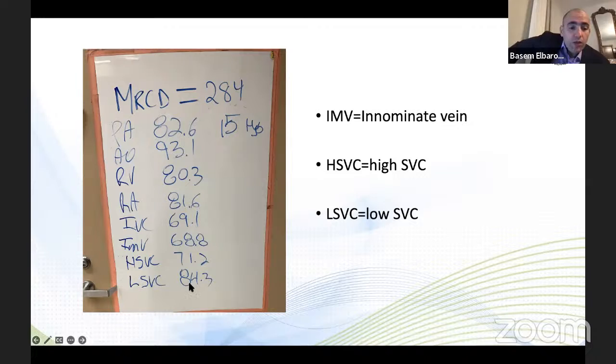However, in the low SVC, there is a sudden increase in the oxygen saturation. It went from 71% to 84%. And that transmits to the right atrium, right ventricle, pulmonary artery. There is a step up in the oxygen. So there is somewhere that the blood is coming back to the right circulation that's oxygenated.